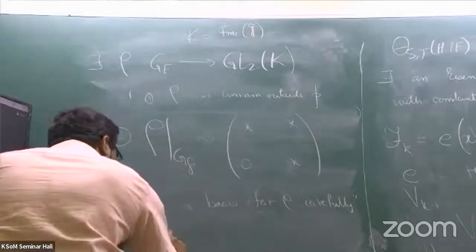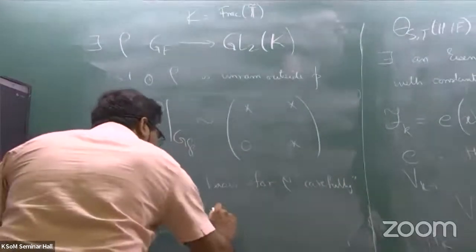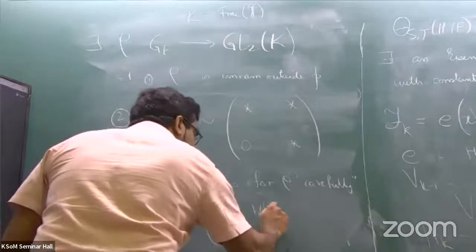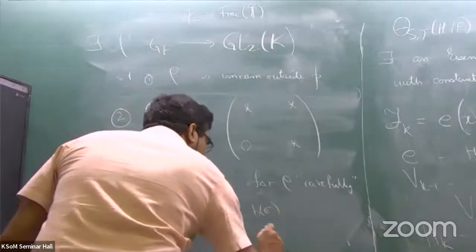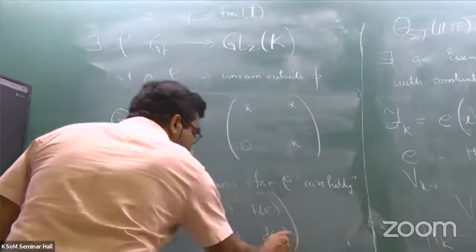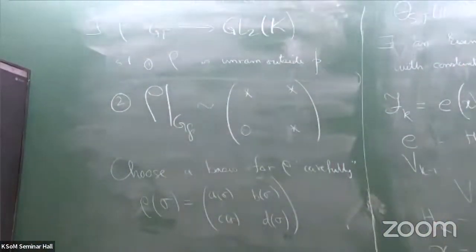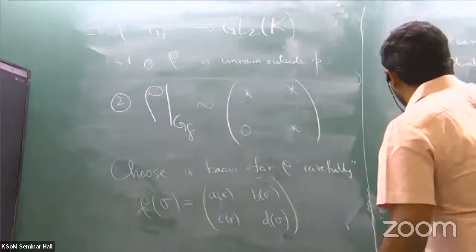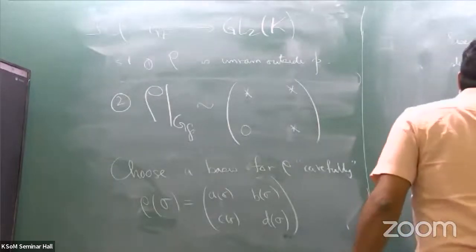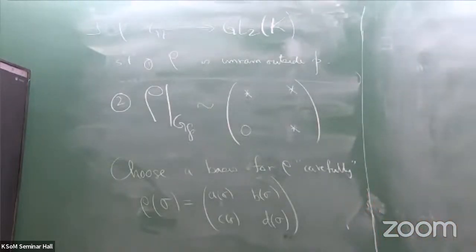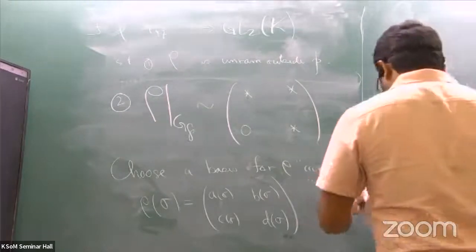And then you can write it as this. Because you have been careful in choosing the basis, what you can show is that your A and B have a very specific form modulo your ideal.